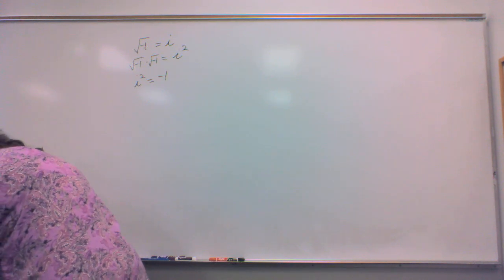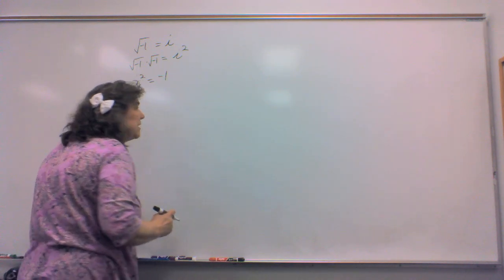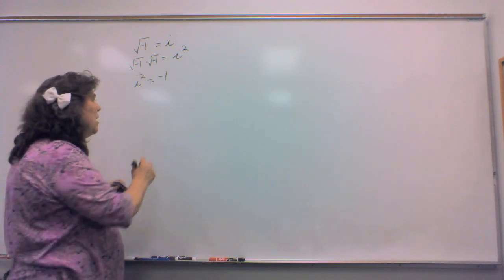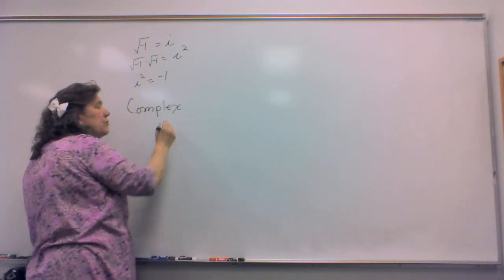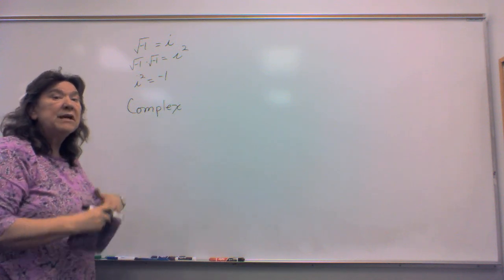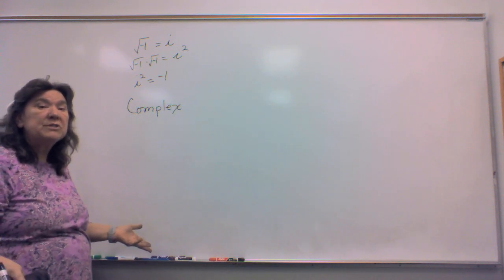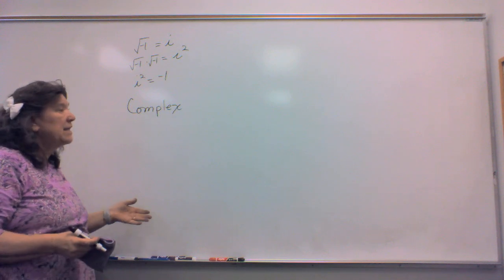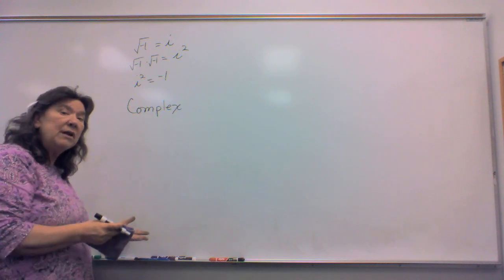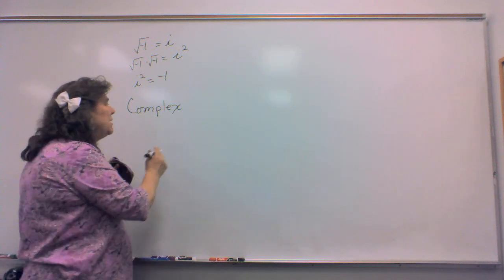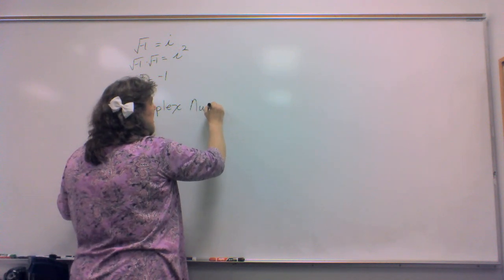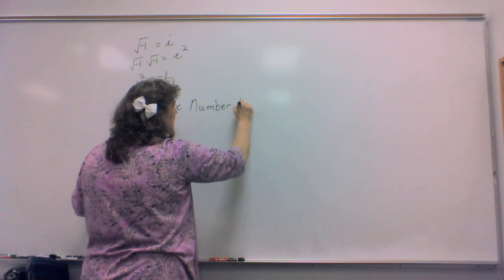So, as we look at complex numbers, this is another number system, and it's bigger than the real number system. Why? Because it has both the real numbers in it and the imaginary numbers in it. So a complex number is made up of two parts.